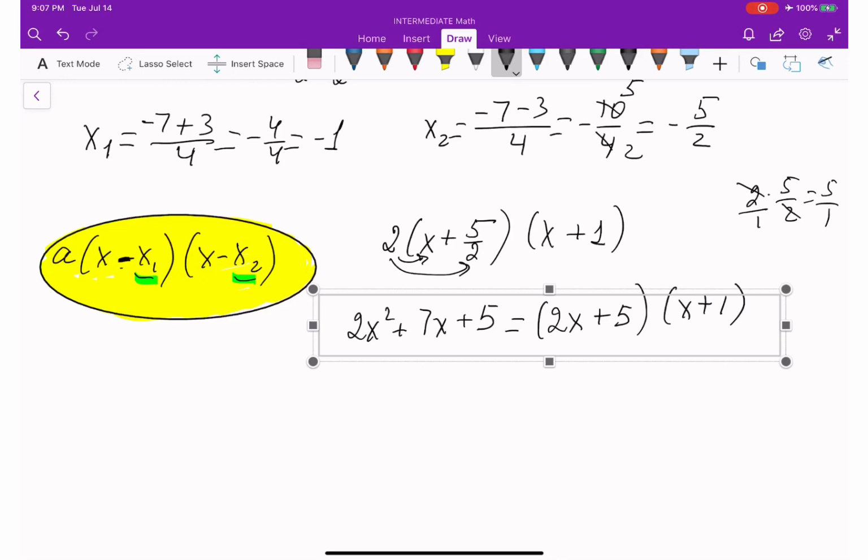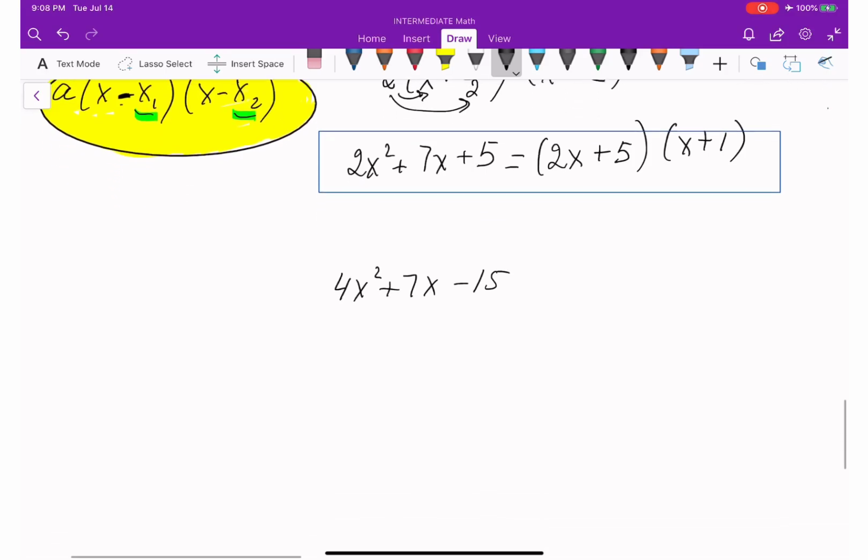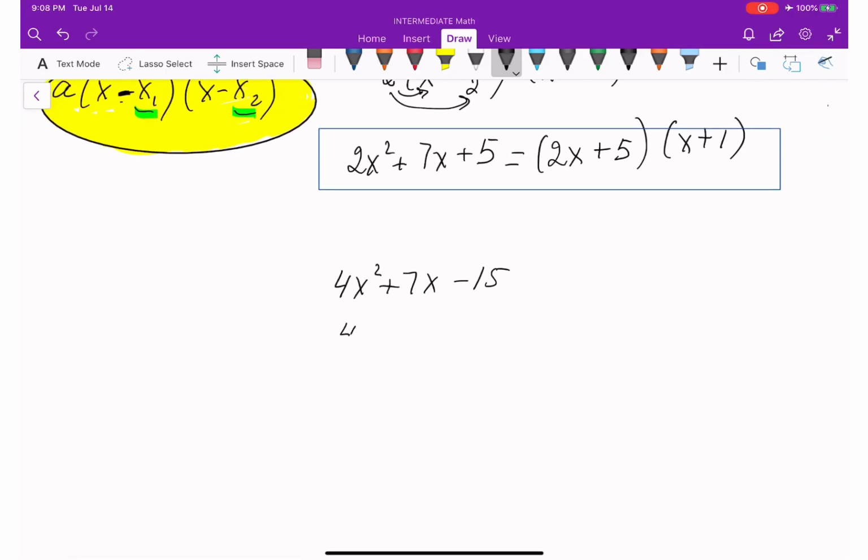4x squared plus 7x minus 15. So we have to represent as an equation.